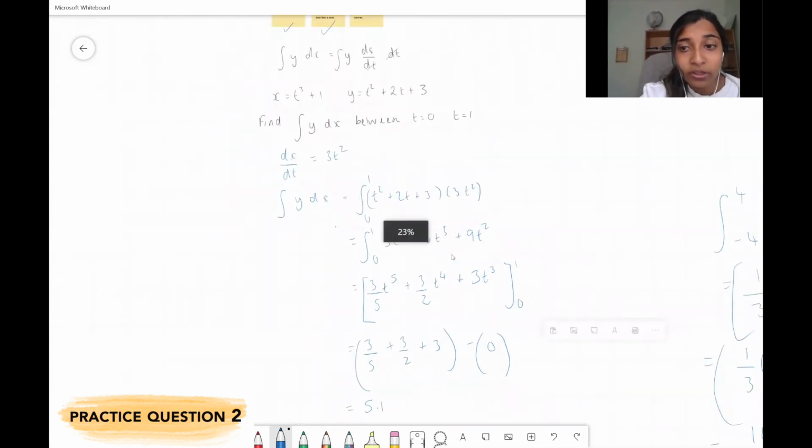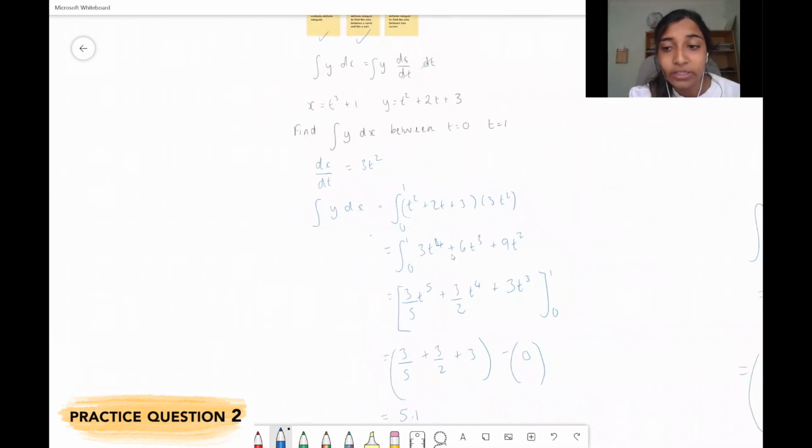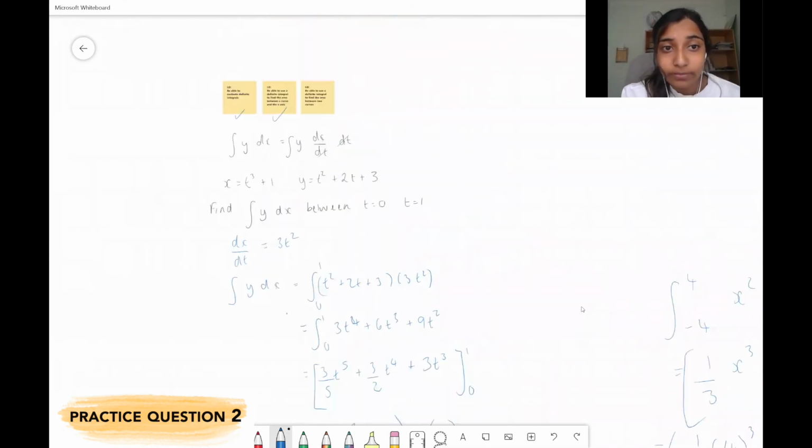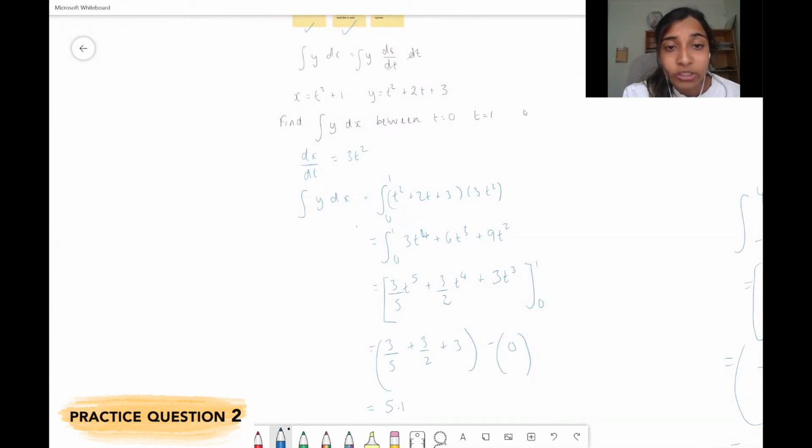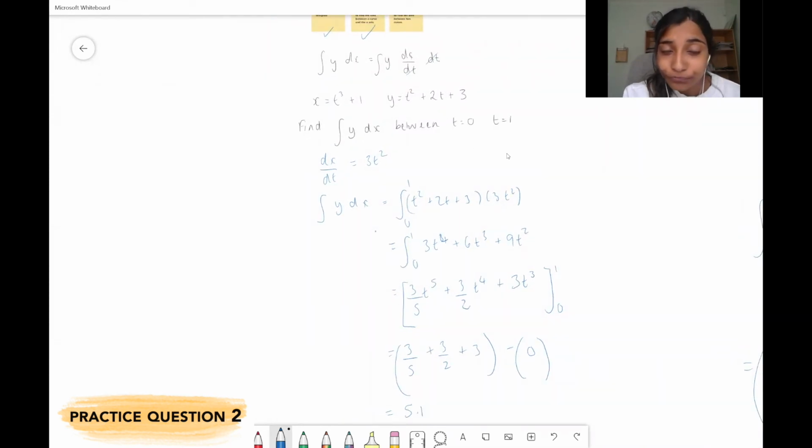So whenever you're asked to do parametric integration, you use the formula that the integral of y dx is equal to the integral of y times dx over dt, times dt.